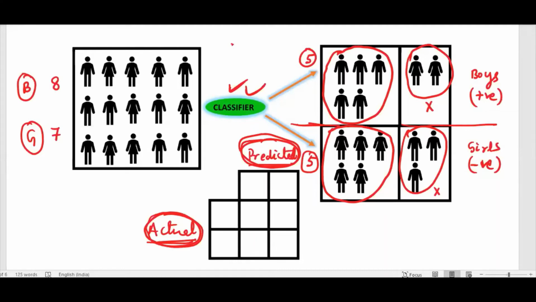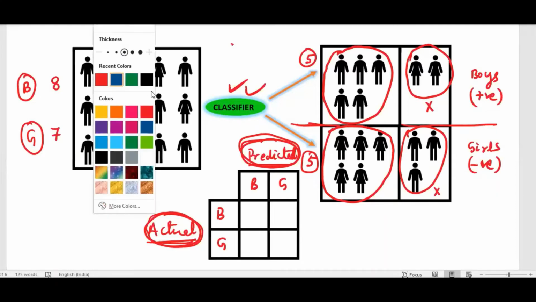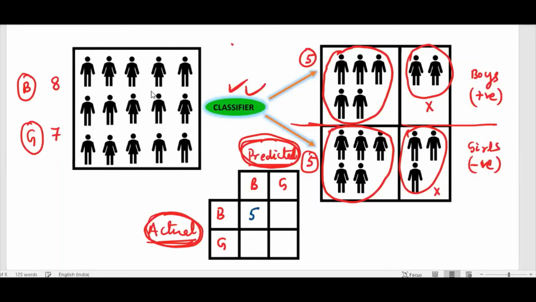Now, you tell me the numbers: actual boys, and predicted boys and girls. You tell me the numbers, I will write. Here 5. Then next to it 3. They are actually boys, and then the classifier predicted girls.